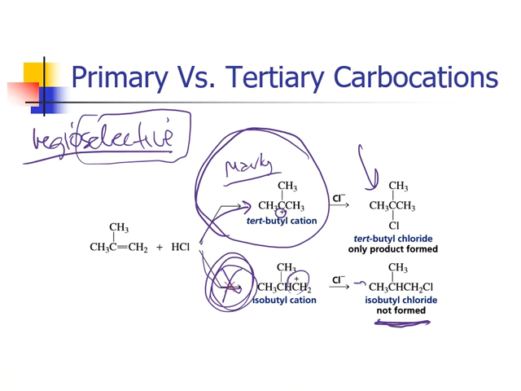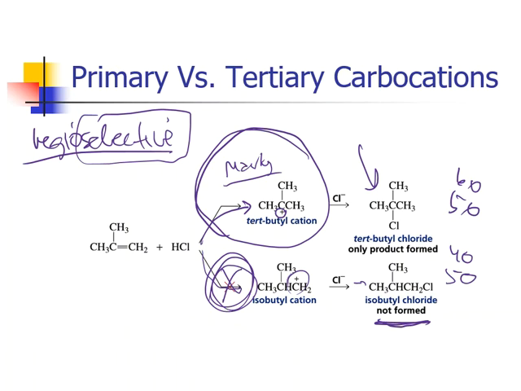Now, I know I just said that we get both, but that second one is going to be in really, really, really tiny amounts, and that's not really what we're talking about with regioselectivity. Okay, if a reaction was not regioselective, I mean, this would be like a 50-50 mix, okay? Or it could be a 60-40 mix. You get my drift?